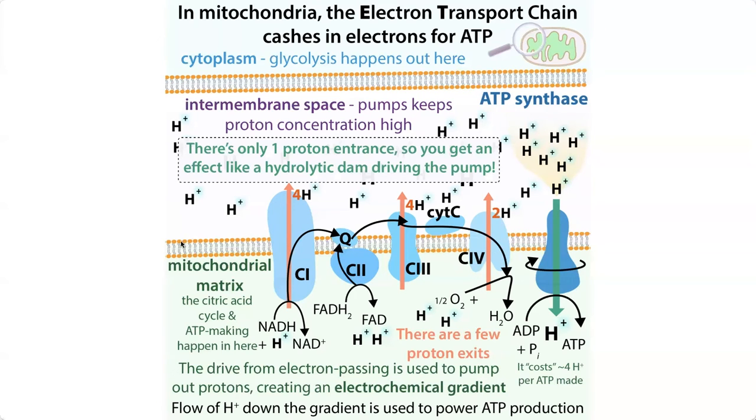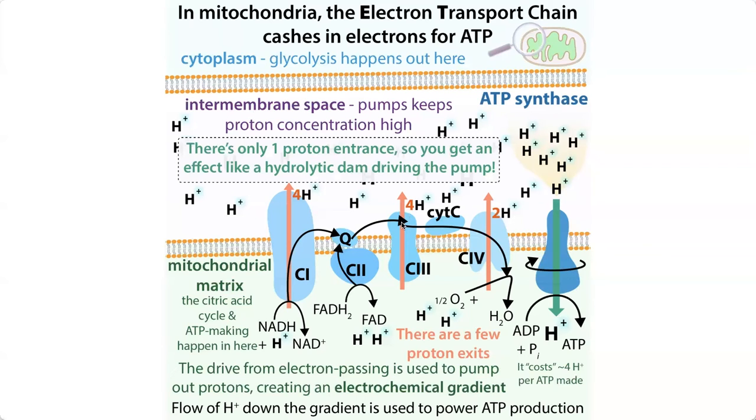How it works is that complex 1, this is where you take the NADH, and this is where you're regenerating that NAD+. So if you have NADH in your mitochondrial matrix, the electrons from it can be passed off to complex 1, which can pass those electrons off to Q, which is a membrane molecule that can move through the membrane, and it can take those electrons to complex 3.